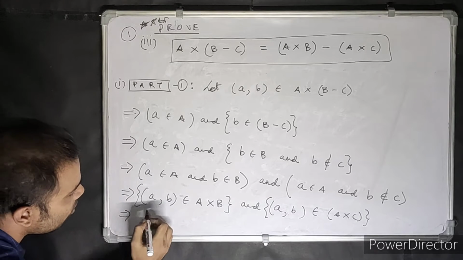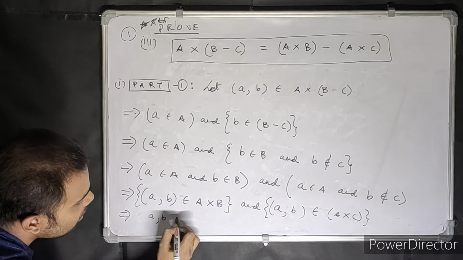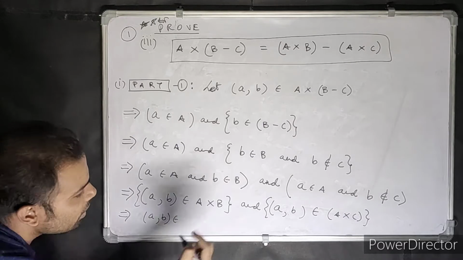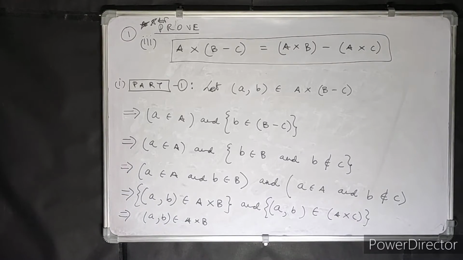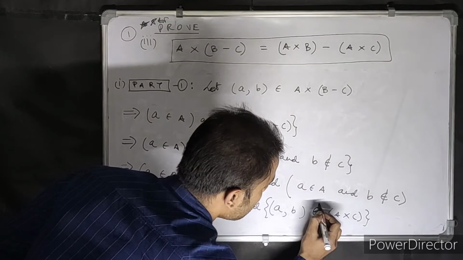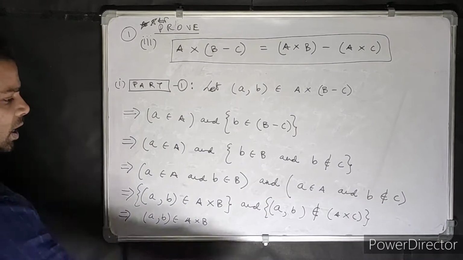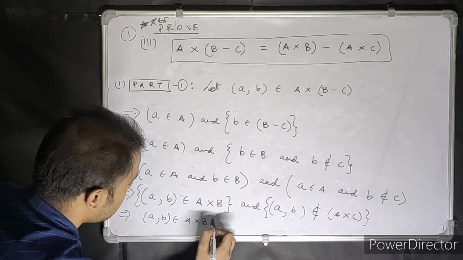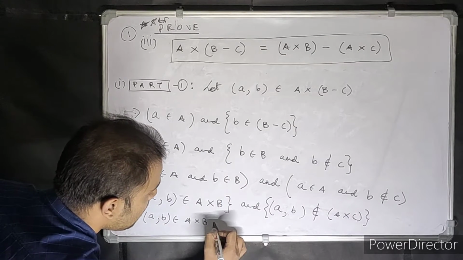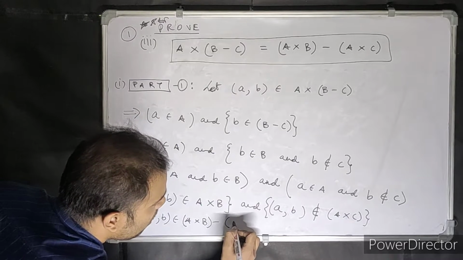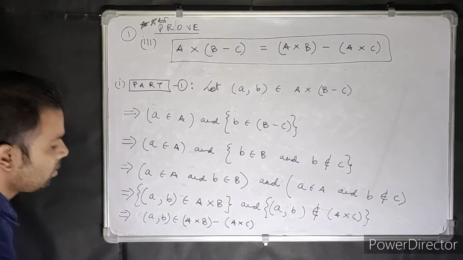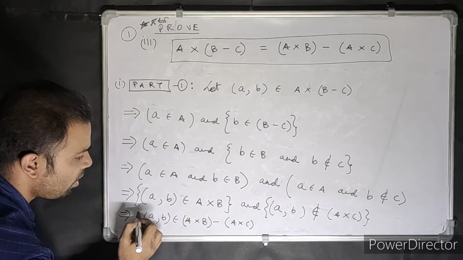Now from here you can write (a, b), common here and there, belongs to A cross B. Sorry, over here you have to write does not belong, otherwise how would you put the minus? So (a, b) does not belong to A cross C. So what have you done? You have proved this.